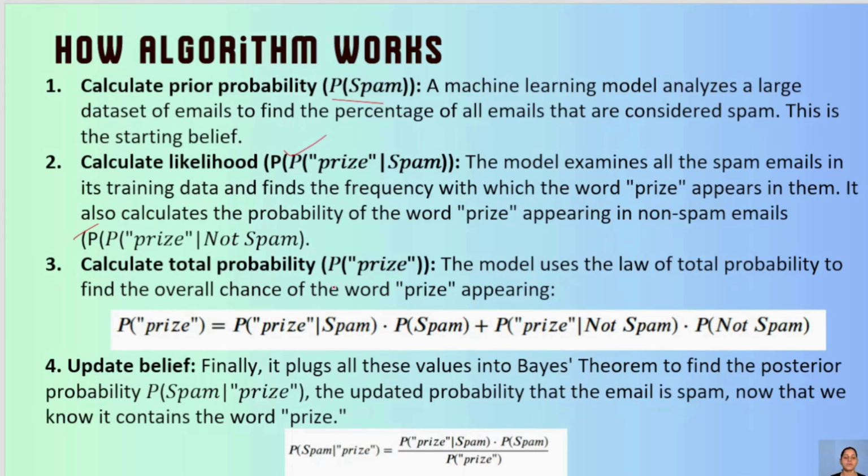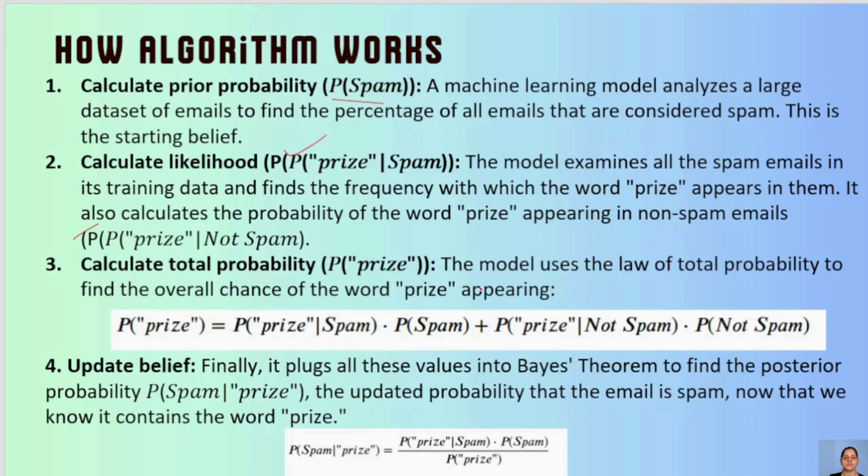Then after that, what we have is normalization. We have to normalize that. After that, the model will use the total probability concept to find the chance of having the price word.